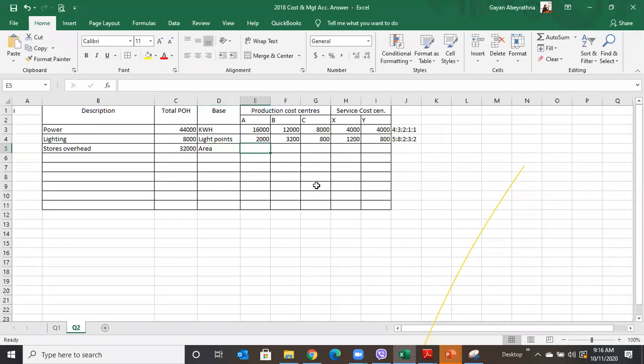So what is the ratio? 3 to 5 to 1, total 11.